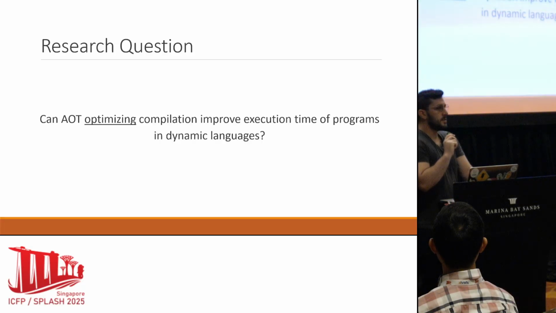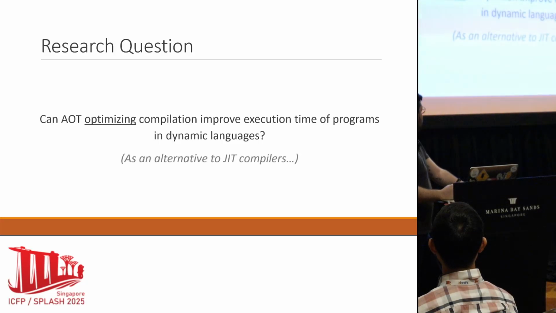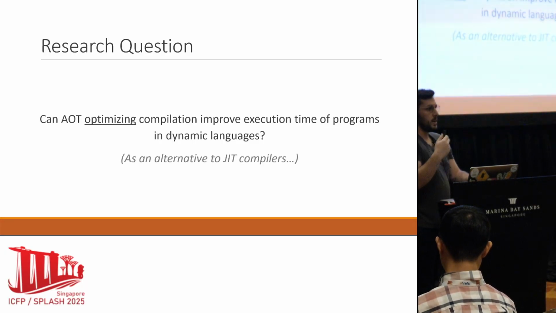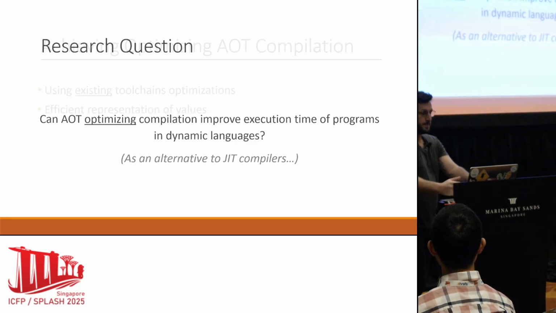The thing is that they do get some speedups, but they don't get the speedups in the same order of magnitude as JIT compilers. So our implicit hope here is, can we get such a good ahead-of-time compilation for these languages in such a way that it will be a viable alternative to using JIT compilers?